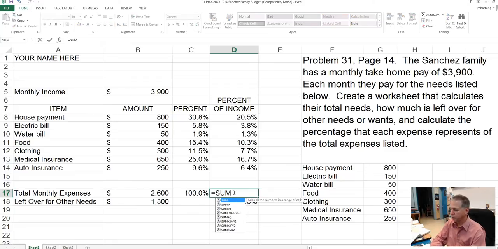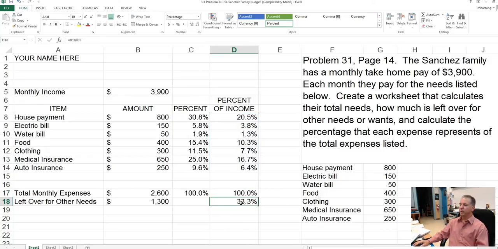And then get the total. And there's that 100%.